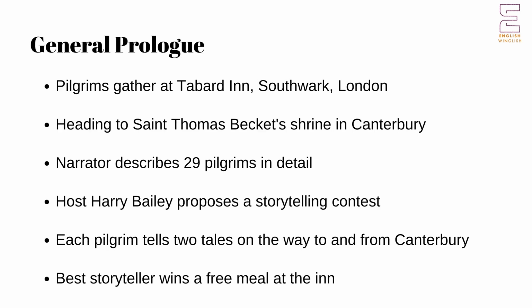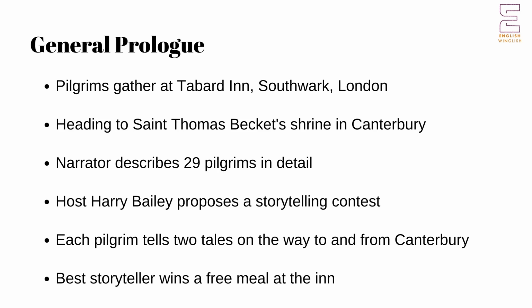General Prologue. The general prologue introduces a diverse group of pilgrims who gather at the Tabard Inn in Southwark, London, before embarking on a pilgrimage to the shrine of St. Thomas Becket in Canterbury. Chaucer, the narrator, describes each of the pilgrims in vivid detail, providing insights into their personalities, professions, and social standing.